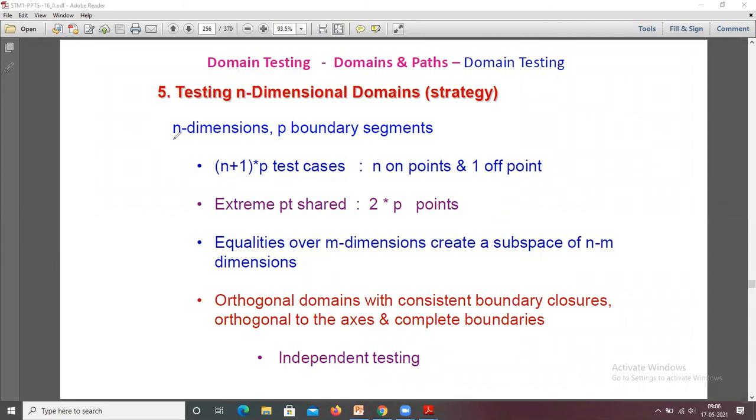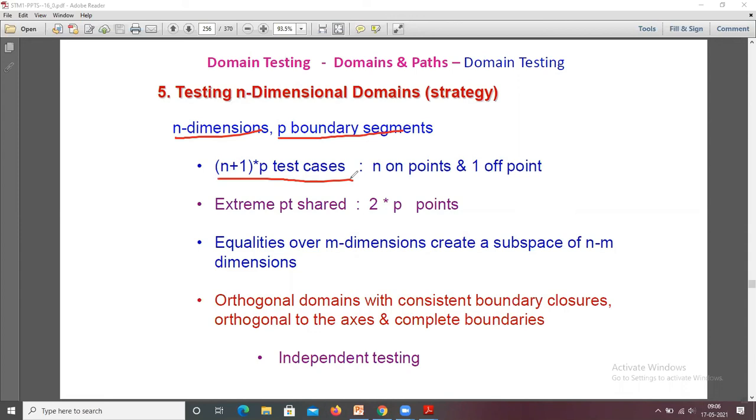For domains, define an n-dimensional input space with p boundary segments. The domain testing strategy generalizes to require at most (n+1) times p test points. So if you have n dimensions and p boundary segments, you require at most (n+1) into p test cases.